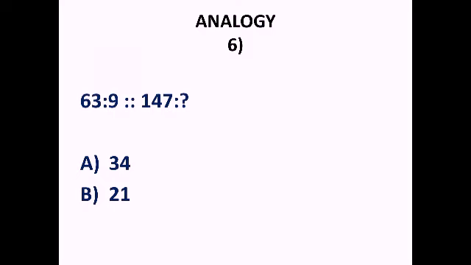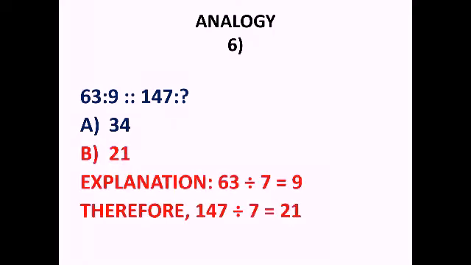The way the first two numbers are related, in the same manner the second two numbers will also be related. So if 63 is to 9, then 147 will be equal to what? So the options are 34 and 21. Look at the question and let us now find the answer.